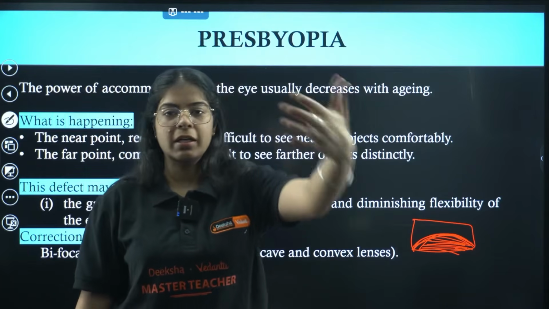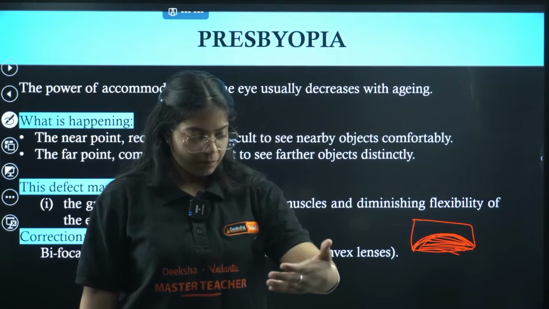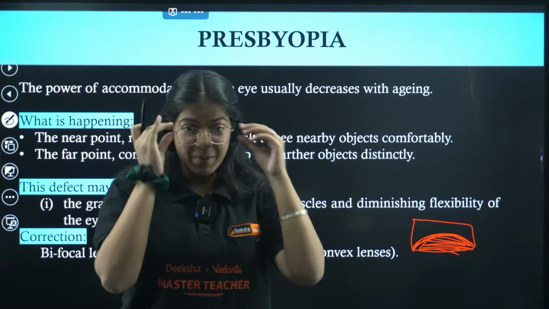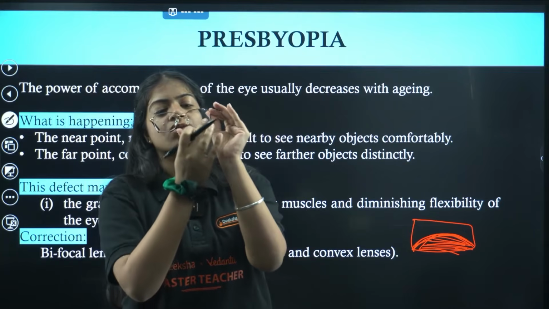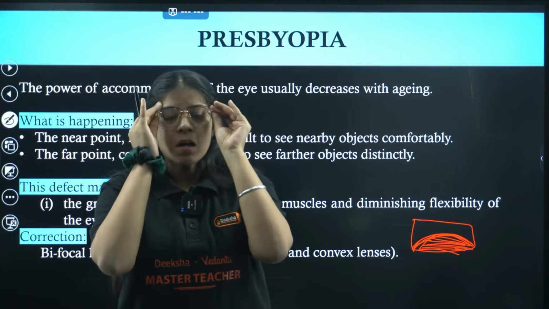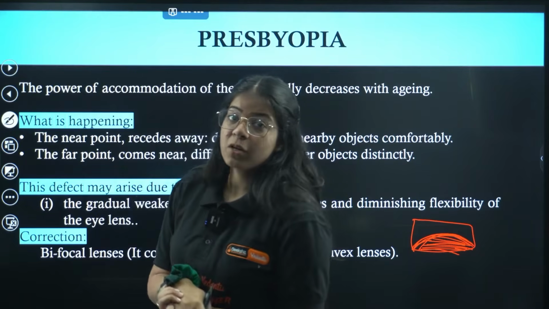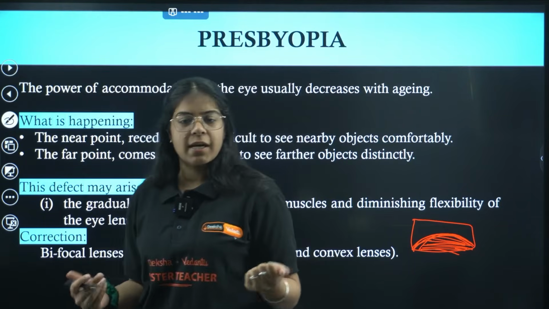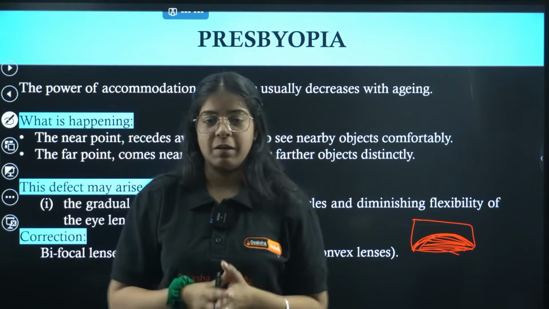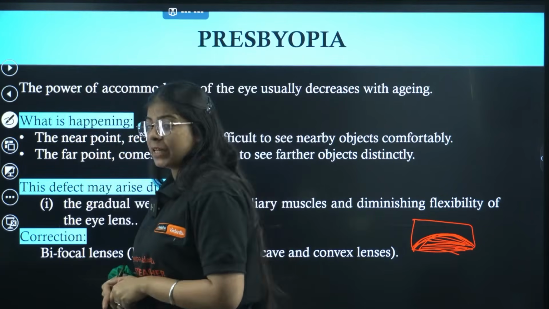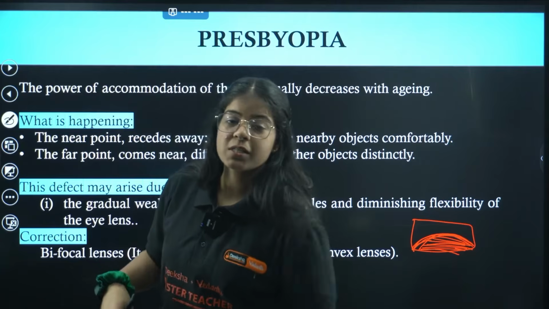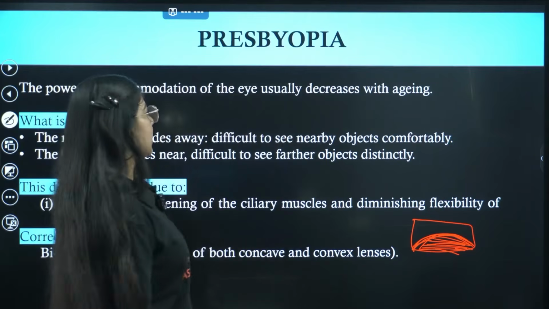On the downside of these specs there will be a convex lens, because we need to see nearby objects clearly, and the upper part will be a concave lens, because we need to see far objects distinctly and clearly.